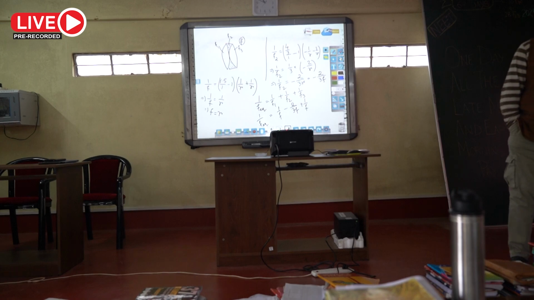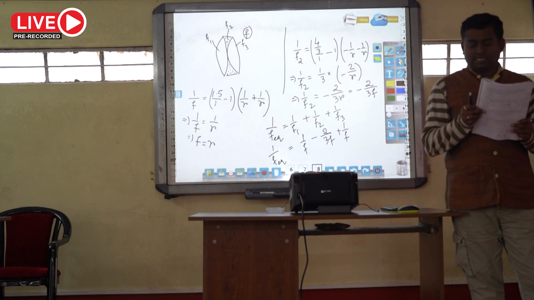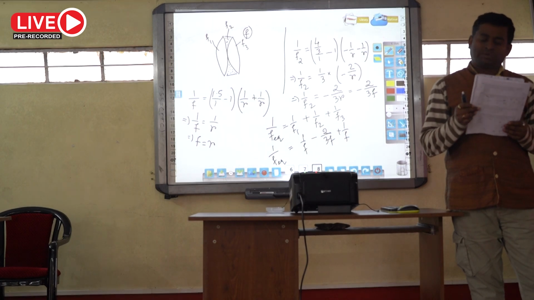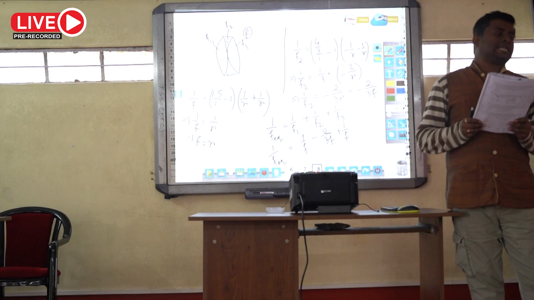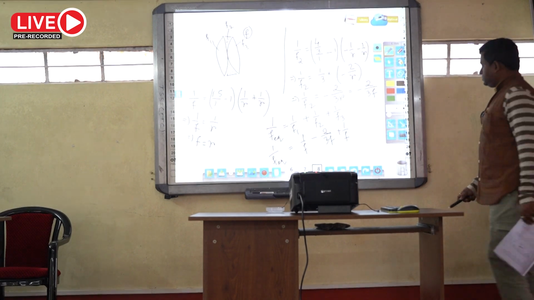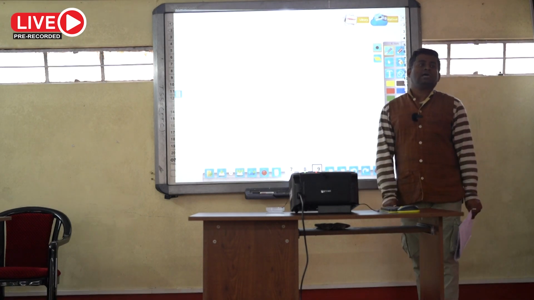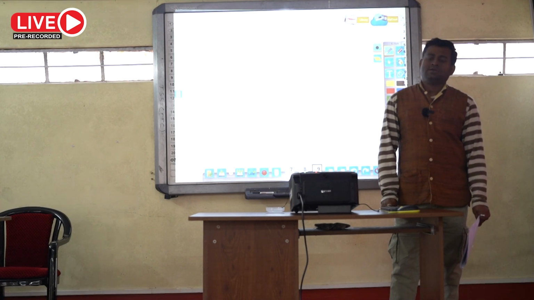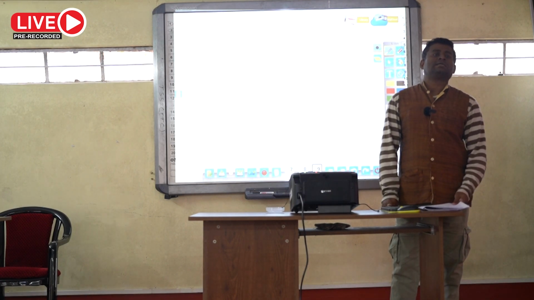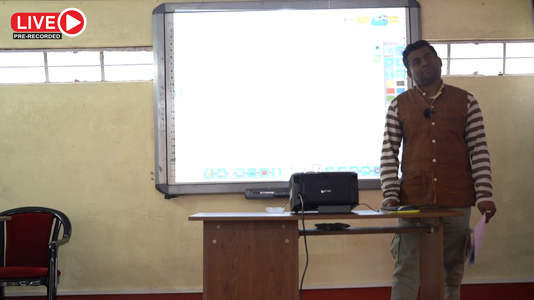Complete the calculation. Next problem: a bubble is 3 centimeter deep when viewed from one surface, and 5 centimeter deep when viewed from the opposite surface. The thickness of the slab is... see, the observer is in the rarer medium and the bubble is in the denser medium. So this is a real depth and apparent depth problem, and real depth is more than the apparent depth.